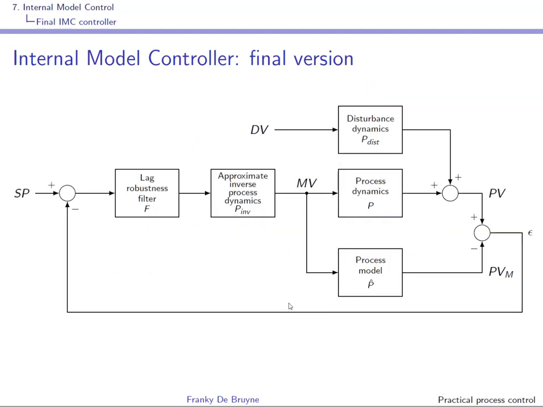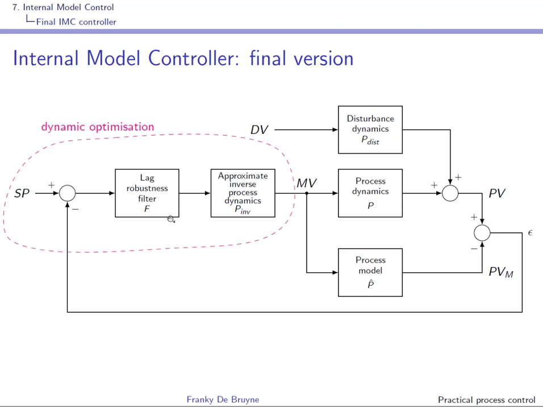Well, this is the final version of this internal model controller in block diagram. You can see that the model error is constructed as before, and MV is constructed right from an approximate inverse of the process, and we add this lag filter for robustness.